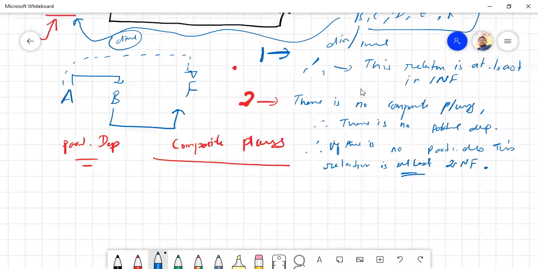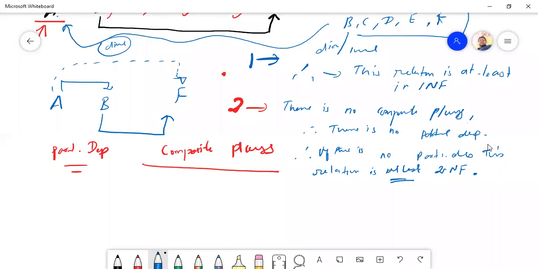Right. Now I am going to check whether this particular relation is in third normal form or not.